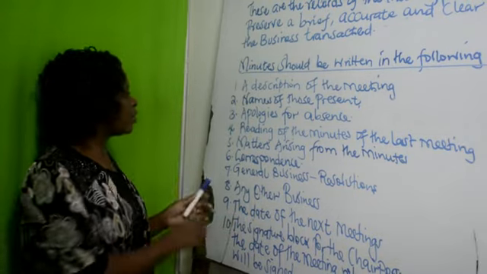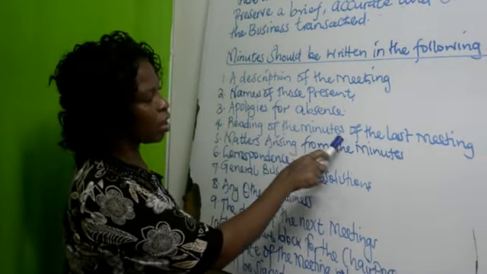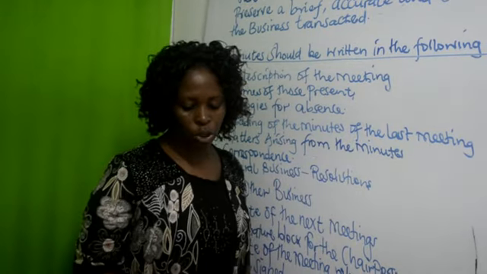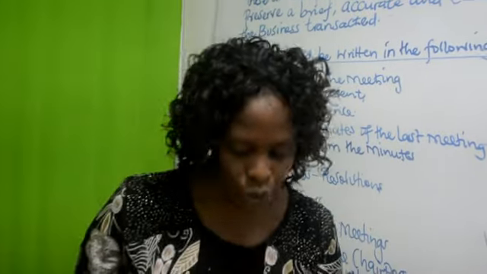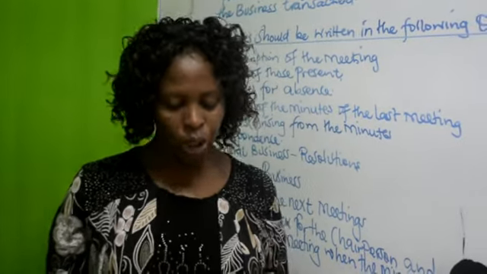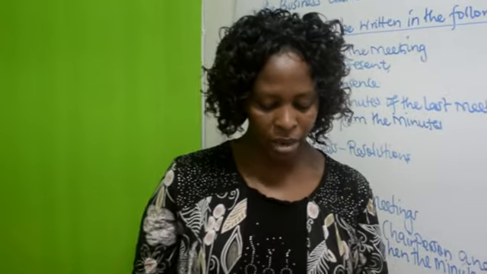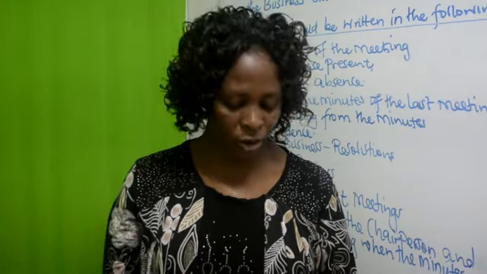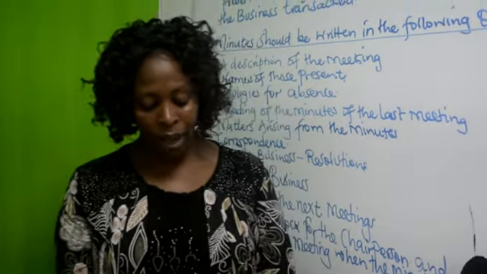We also have the reading of the minutes of the last meeting, and the matters arising from the minutes. We should also show the correspondence, any written document or materials in written form. They should be included in our minutes.